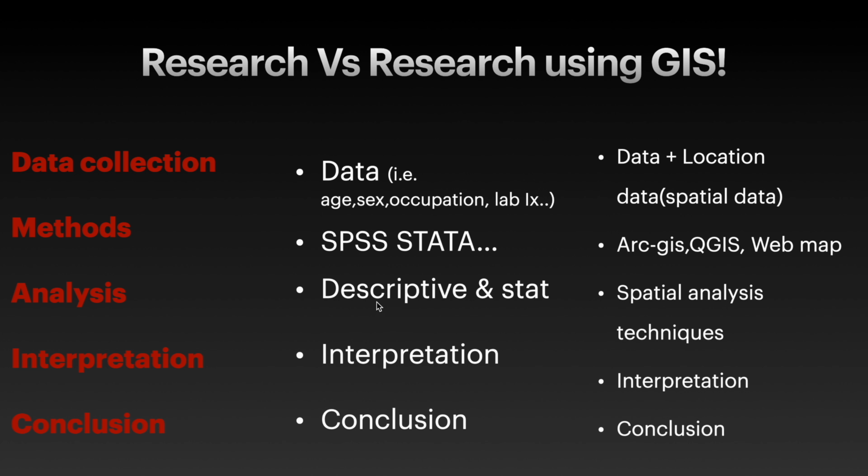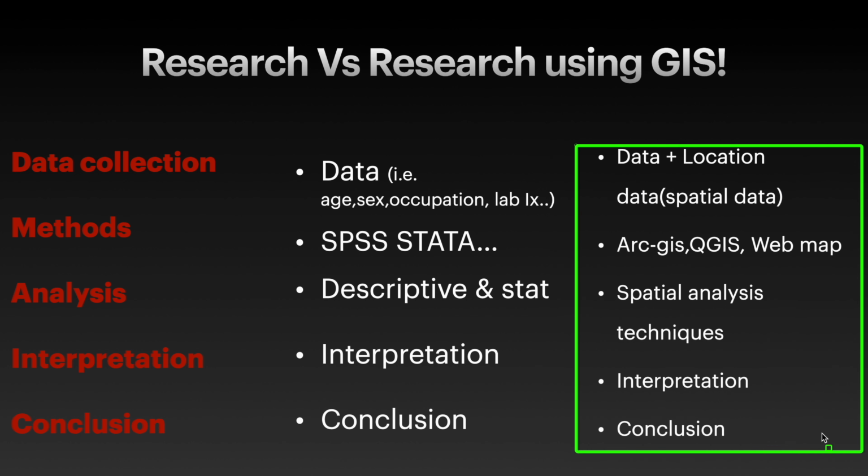So not only descriptive and statistical analysis, but additional spatial analysis techniques are used while using GIS data, and interpretation and conclusion are the same as conventional research. So these are the additional things we would be doing while doing our research using GIS.